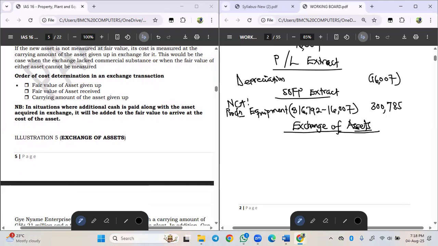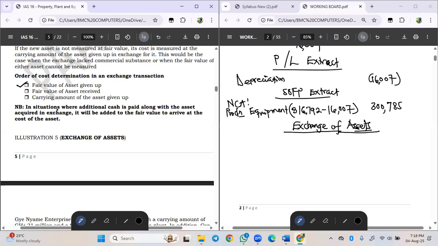So first of all, you use the fair value of the asset given up. Let's say you have plants and you want to exchange to acquire land, the fair value of the plant is what you are going to use to measure the land that you are acquiring.